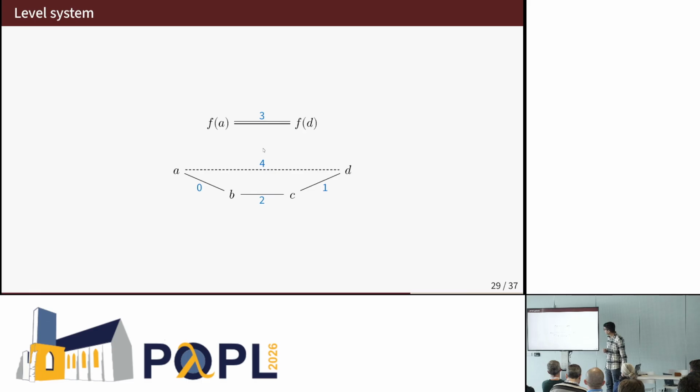So for example, this is the previous E-graph, but now we have the edge levels added. As you can see, the first three equalities have level 0, 1, and 2 in the order they were added. Then the congruence edge has level 3 because we discovered that it was equal after that. But now the redundant edge has level 4. So when we are explaining the congruence edge between f of a and f of d, we cannot use the redundant edge because it has level 4, which is greater than the level of the equivalence.